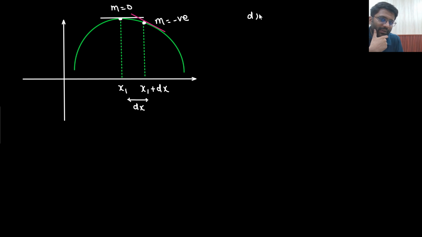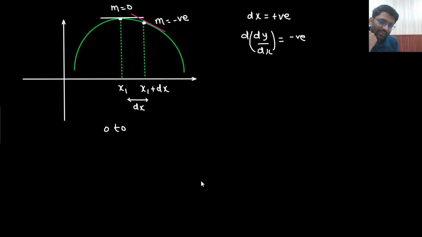If dx was positive, with the increase in x, the change in slope is negative only. m is going from 0 to some negative value.